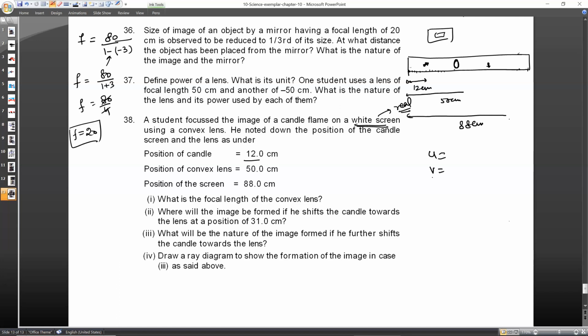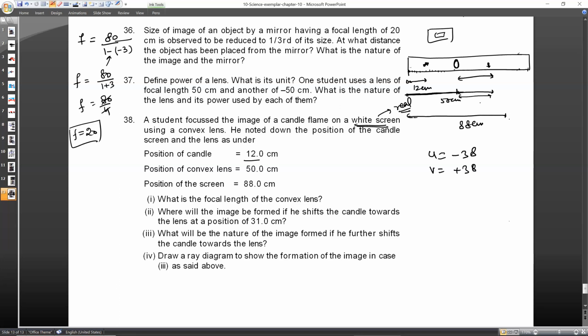Sir, U is minus 38. Yes, U will be considered as minus 38. And V will be plus 38. Yes. So here we have 50, up to here we have 50, and until here we have 88.